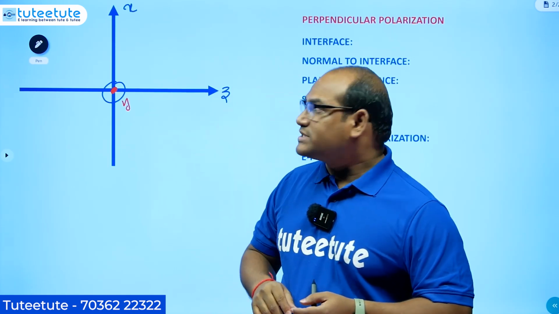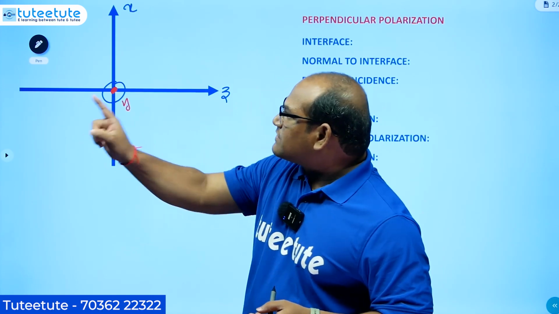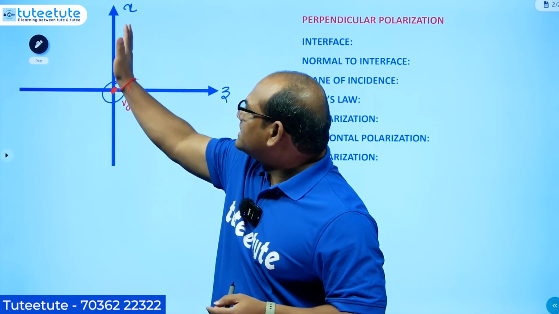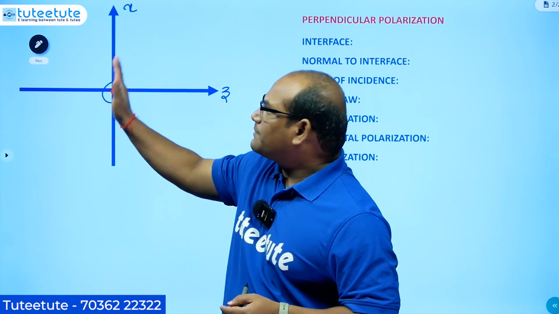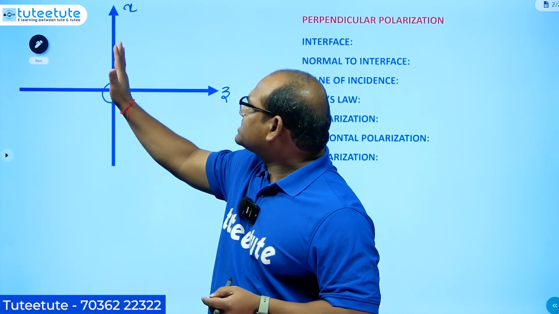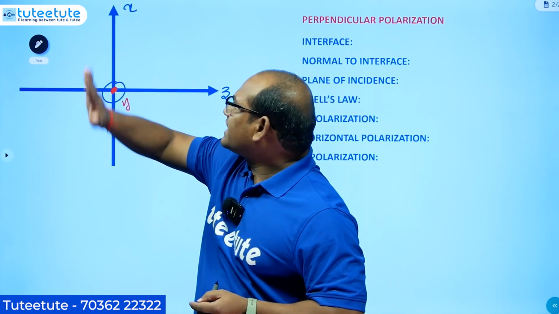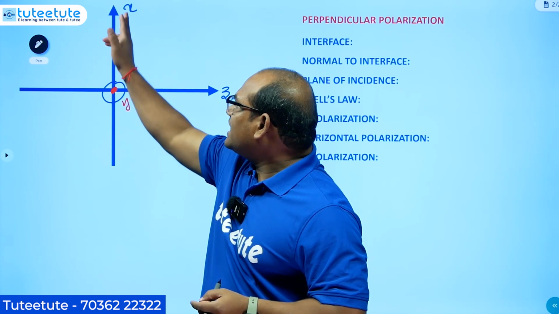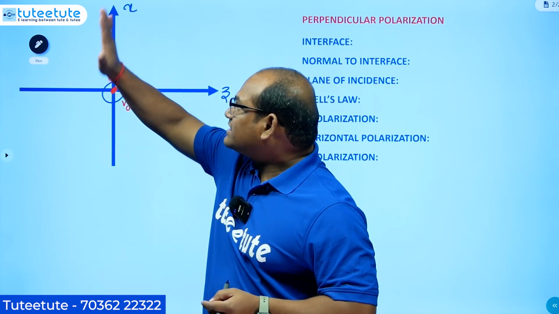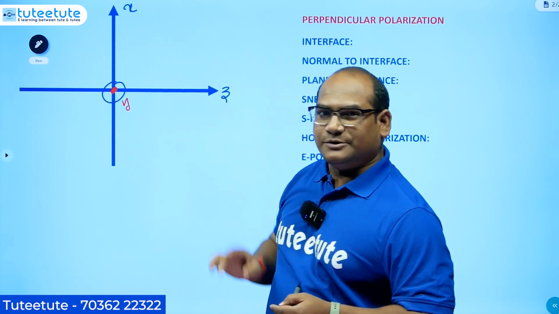So the x-axis is this one, the y-axis is this one. Whatever you are seeing here is the xy plane. This plane has been created because of the changes in x and changes in y. So this is the boundary actually. You should not see a line, you should see the plane which is separating the first medium and the second medium.